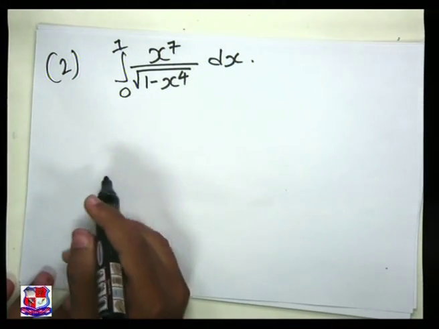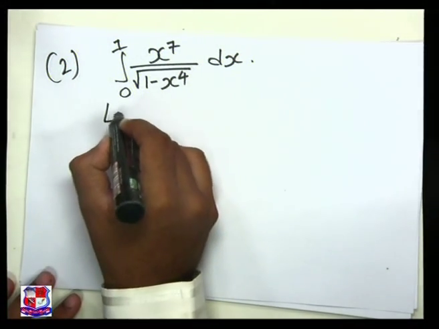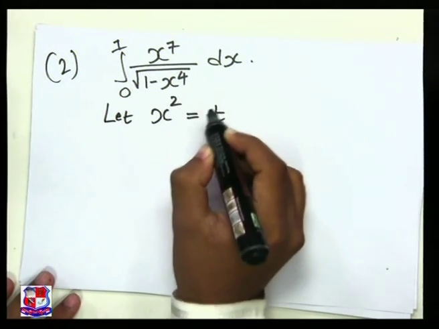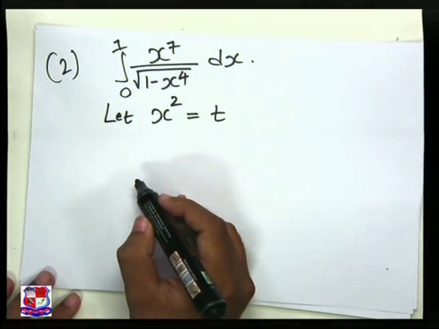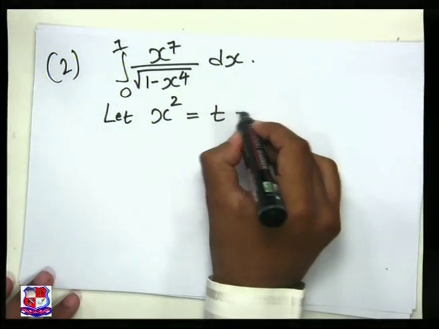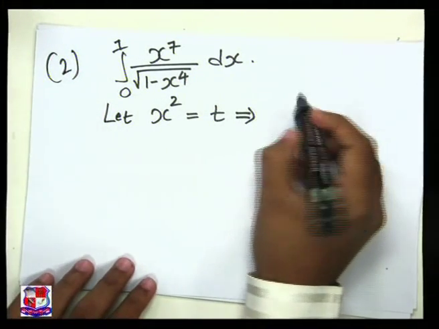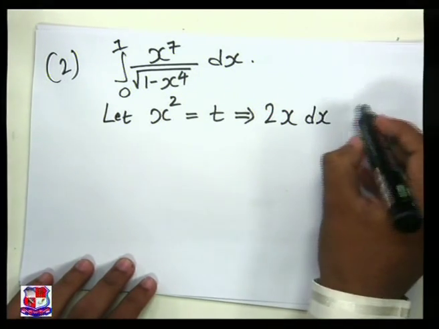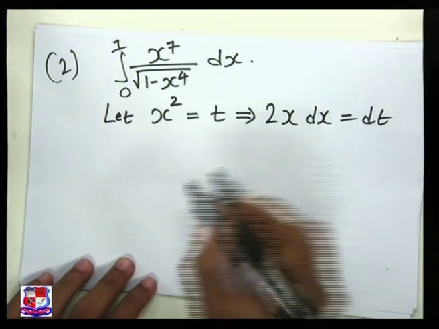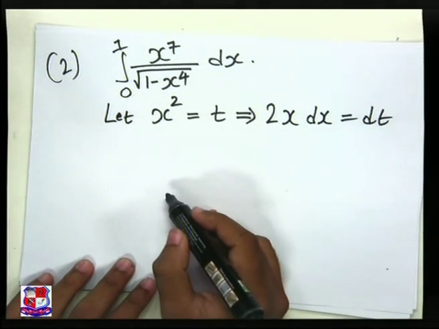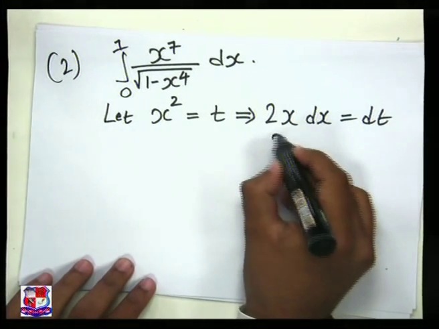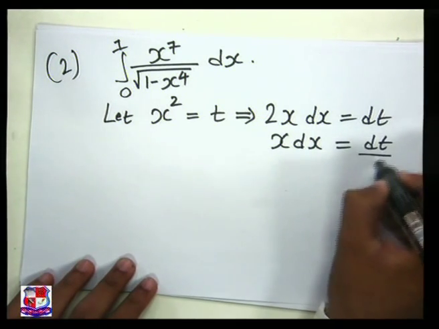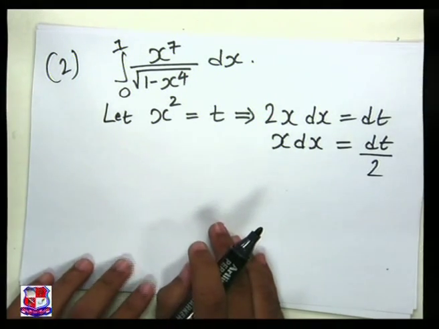Now let x square be equal to t. From this we get 2x dx equal to dt, and x dx is equal to dt by 2.